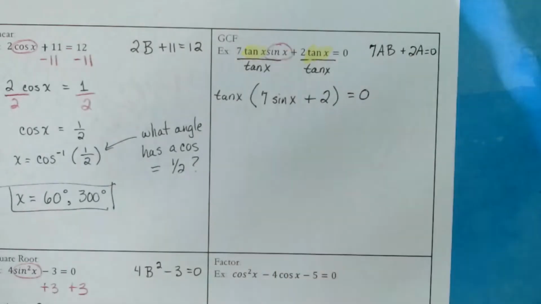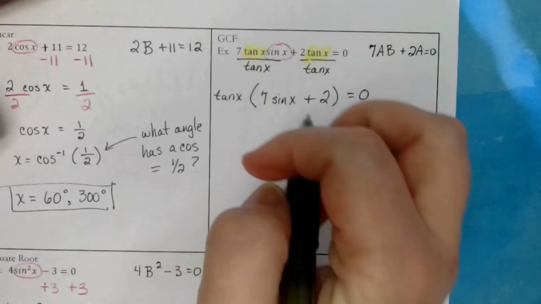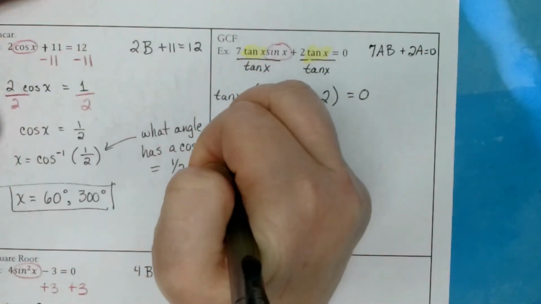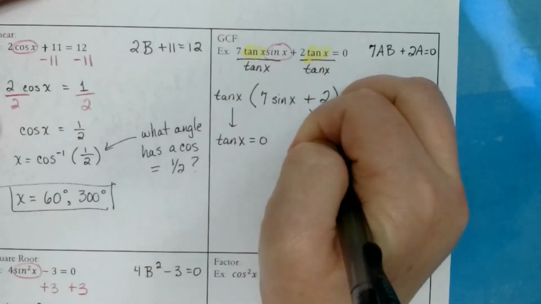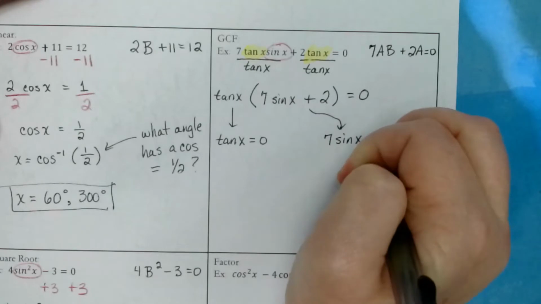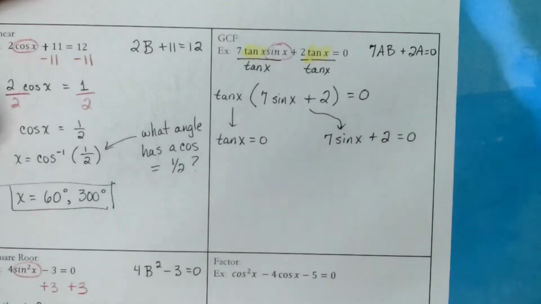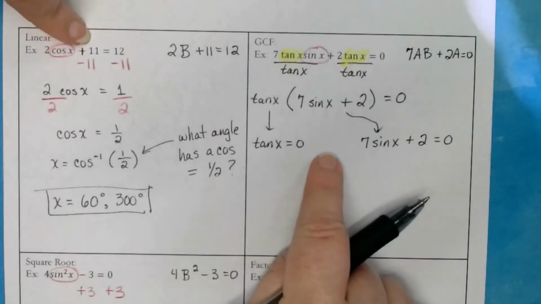Now I have two different problems. I have the tangent of x equal to 0, and then I have 7 times the sine of x plus 2 equals 0. Well, this is easy. All we did was turn our GCF problem into two little baby linear problems.